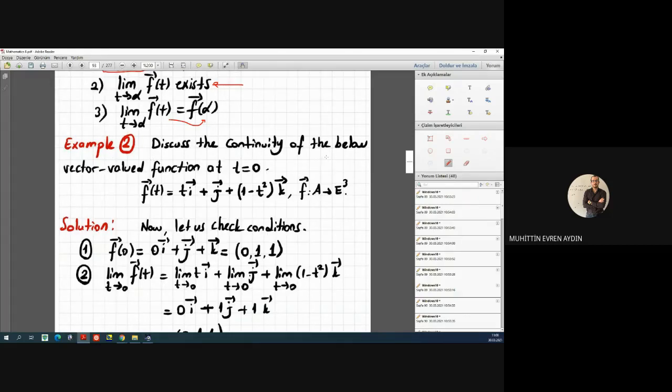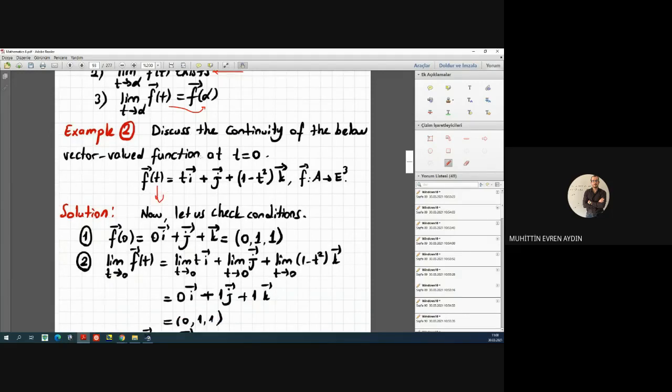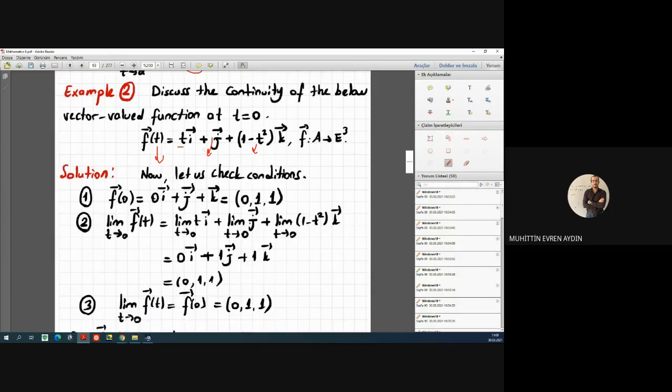An example. Let's discuss the continuity of this vector valued function. Components are t, constant 1, and 1 minus t^2. Of course, it's defined at the point 0. Yes, 0, 1, 1.